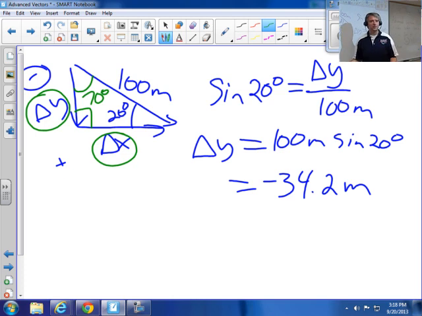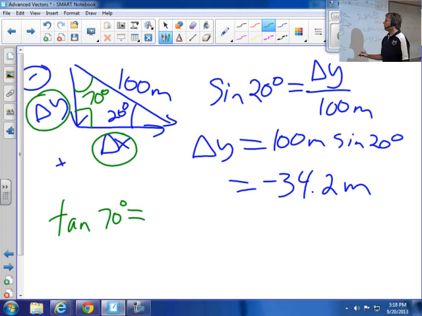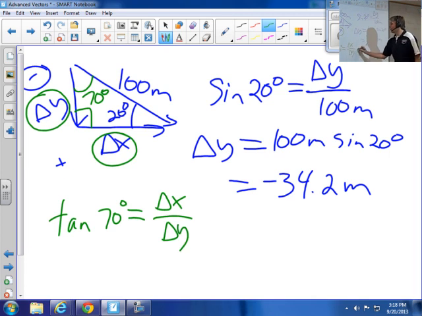Let's try using the tangent just for fun. The tangent of the 70-degree angle should equal the opposite side, and the side opposite the 70 is my x displacement, over the side adjacent to my 70-degree. Remember, that's the one that's not opposite and not the hypotenuse. That's my y displacement. Now, be careful.